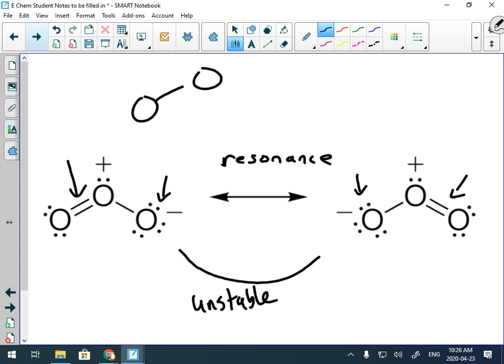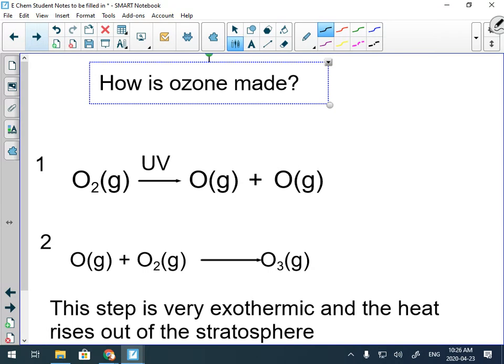So we show that as a dotted line to show that sometimes there's an extra line on one side and sometimes there's an extra line on the other. Okay. Now that's not important for this unit, but if you're ever Googling ozone and it shows this and you're like, what is happening? It's called resonance. All right.